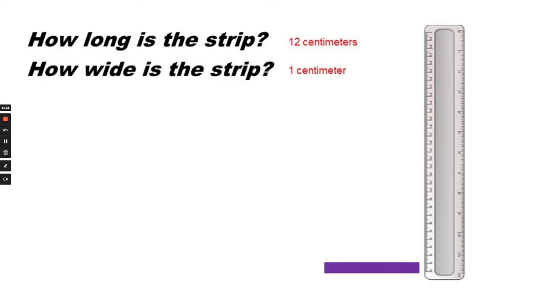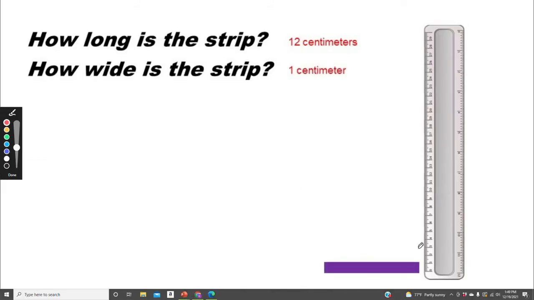It's 1 centimeter. I know this because I found the tick mark where the top of the strip is. It lines up with the 1 centimeter tick mark. So I know that it's 1 centimeter wide.